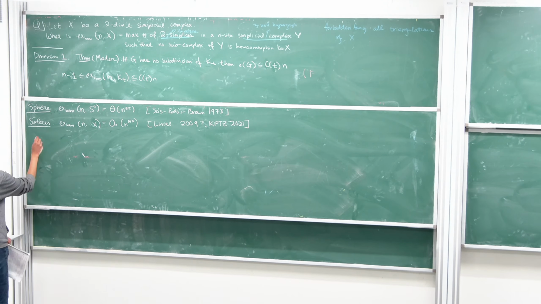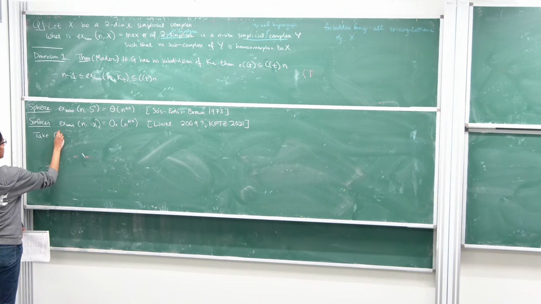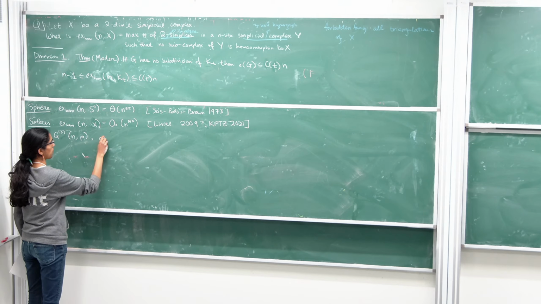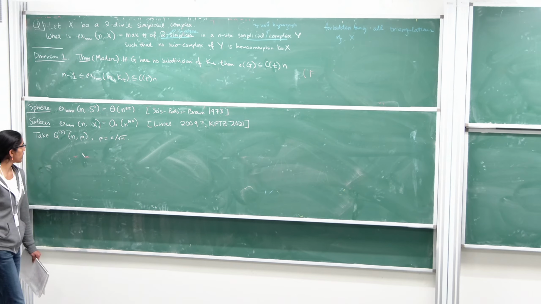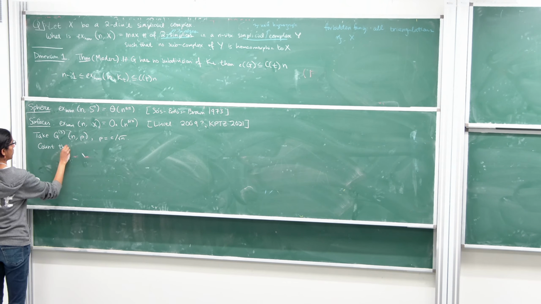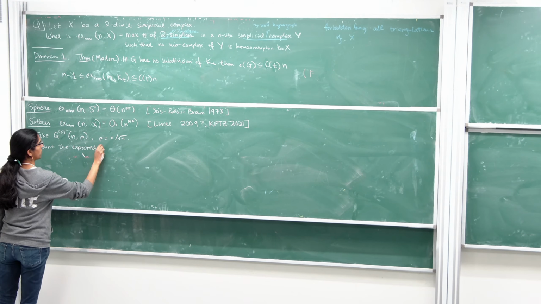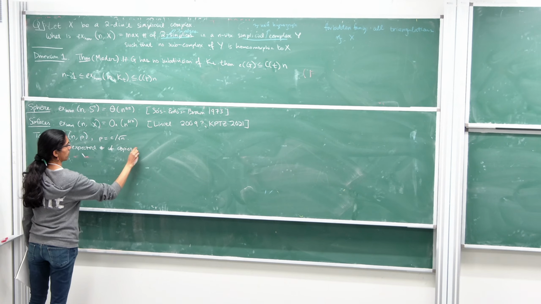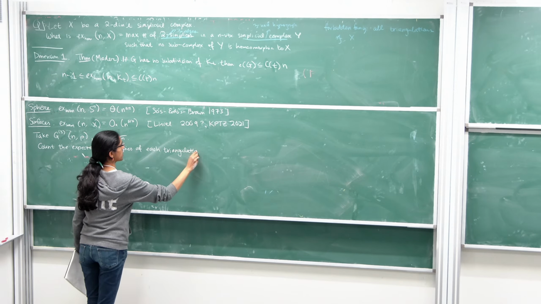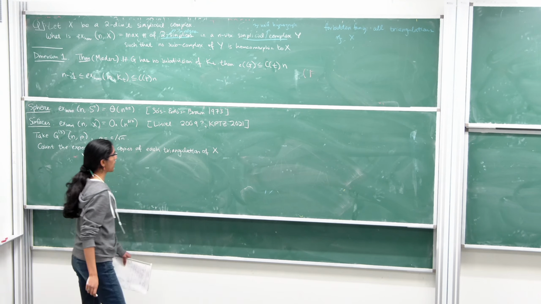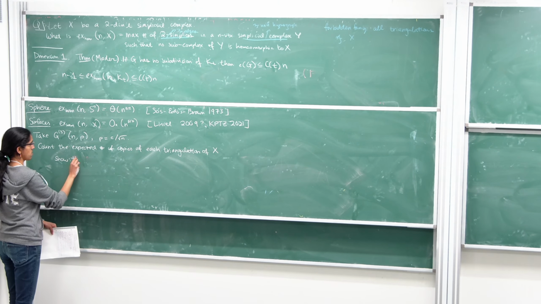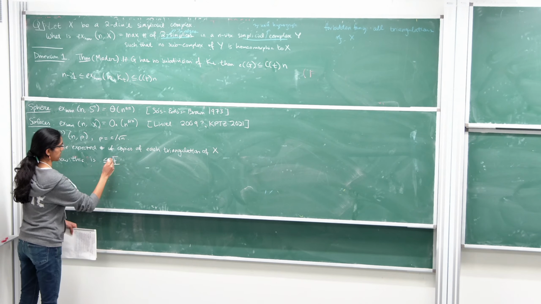So the rough proof sketch is you take the random graph G(n,p), so each triple exists with probability p, where p is about 1/√n, and you count the number of copies of X. So for each possible triangulation of X, you count the number of copies that show up, and you show that this is less than the expected number of triangles.